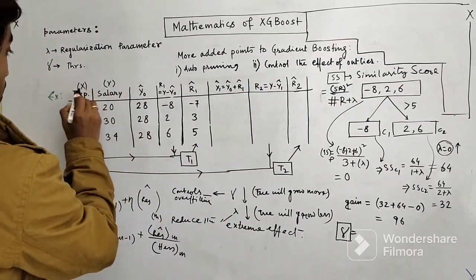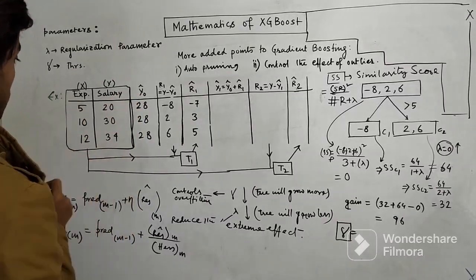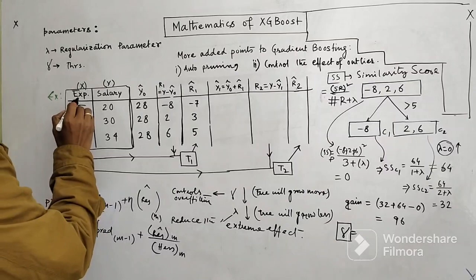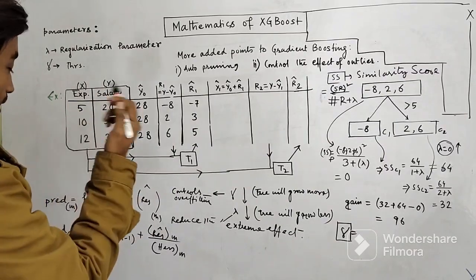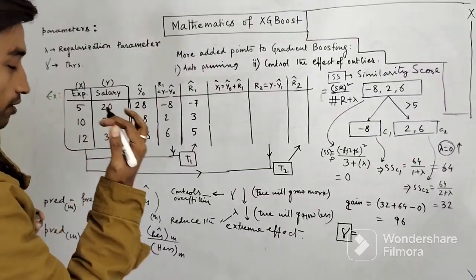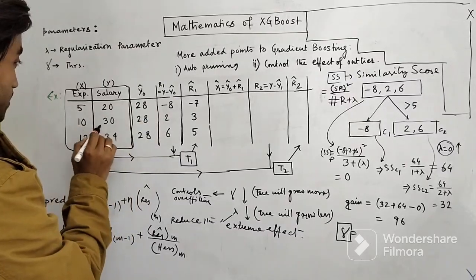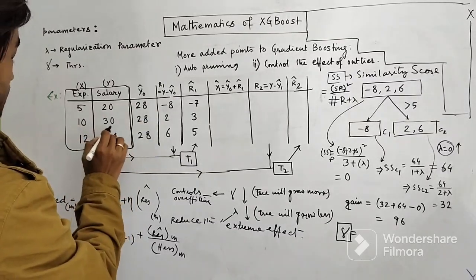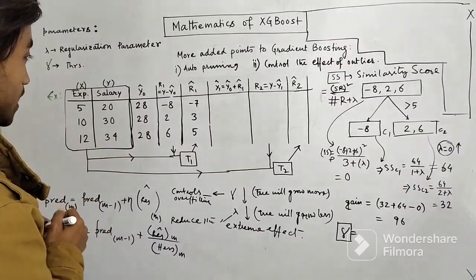This is your main data set: experience and salary in lakhs per annum. For 5 years experience, the employee gets 20 lakhs per annum. For 10 years, 30 lakhs. For 12 years, 34 lakhs.